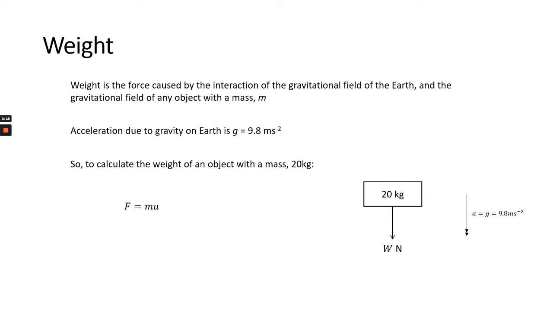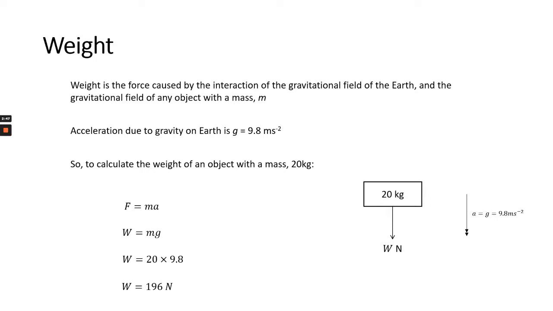Now, if the resultant force equals the mass times the acceleration, that means the weight equals the mass times g, and this will be true for calculating the weight of any object with any mass. So W equals mg, and in this particular case, I'm going to do 20, which is the mass, times 9.8, which is g. So to calculate the weight of any object, I multiply the mass by g, the acceleration due to gravity on Earth.